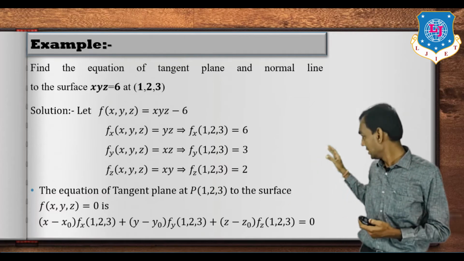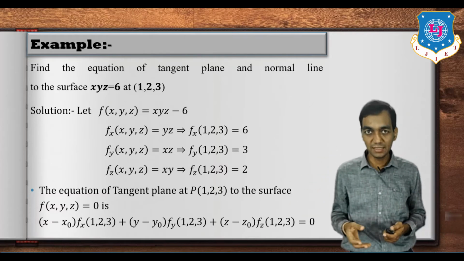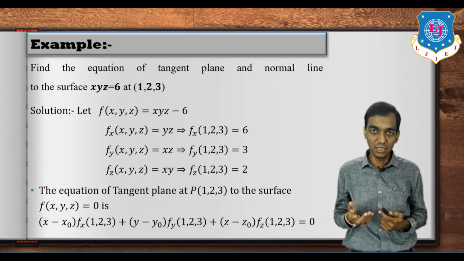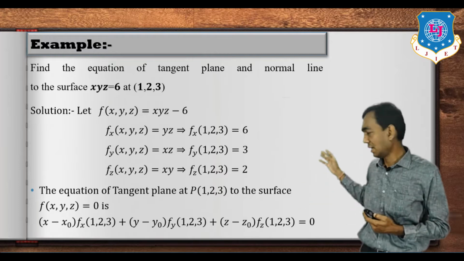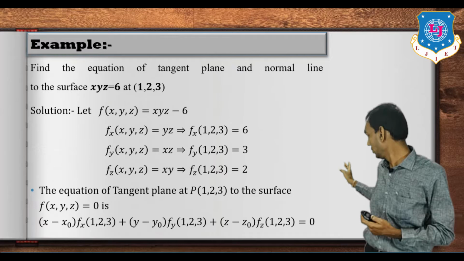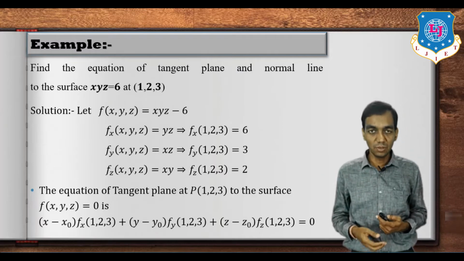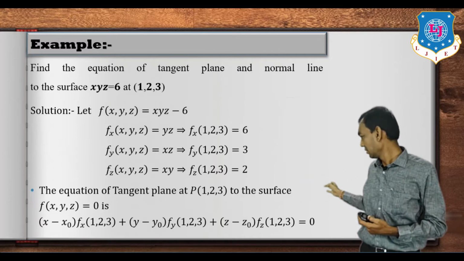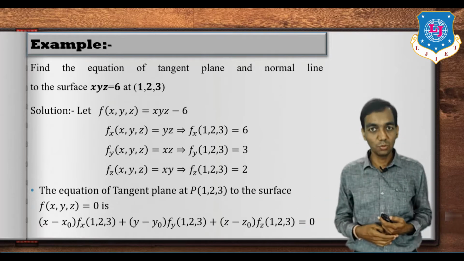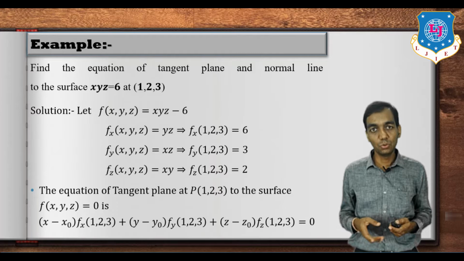So fx, the derivative with respect to x, is yz, and fx at the point (1, 2, 3) is 6. In the same manner, fy is xz, and fy at (1, 2, 3) is 3, and fz is xy, and fz at (1, 2, 3) has the value 2.